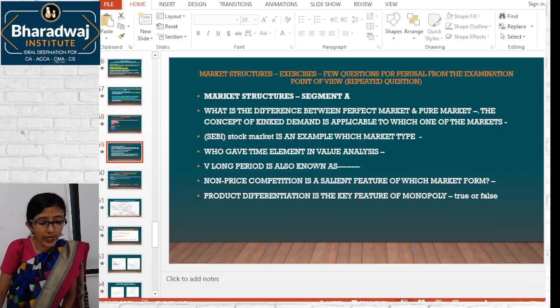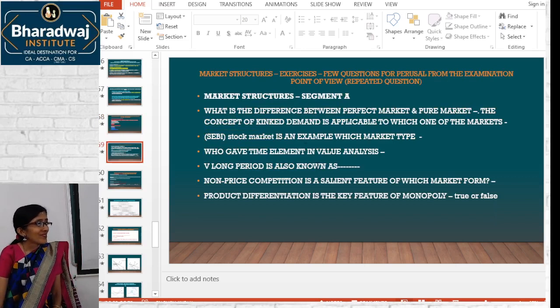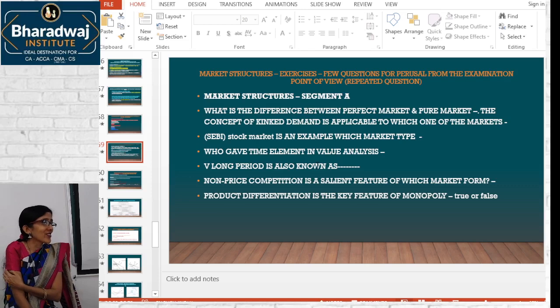Okay, and go to the next one. SEBI is an example of which market type? SEBI is an example of which market type? Monopoly? Regulated market.